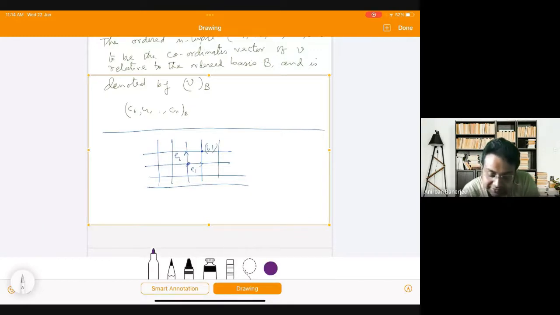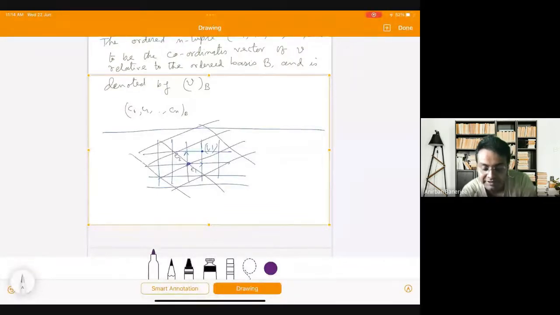But for your friend, let's say the lines are also parallel, but something like this. So this may not be perpendicular, but let's say this is the x-axis for your friend, and this is the y-axis for your friend.